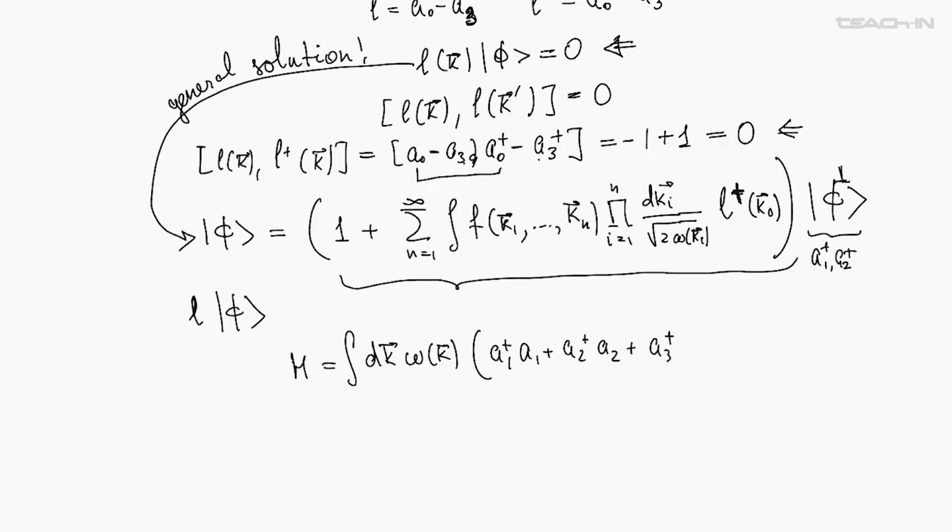This is how the Hamiltonian simplifies on the states of this type.